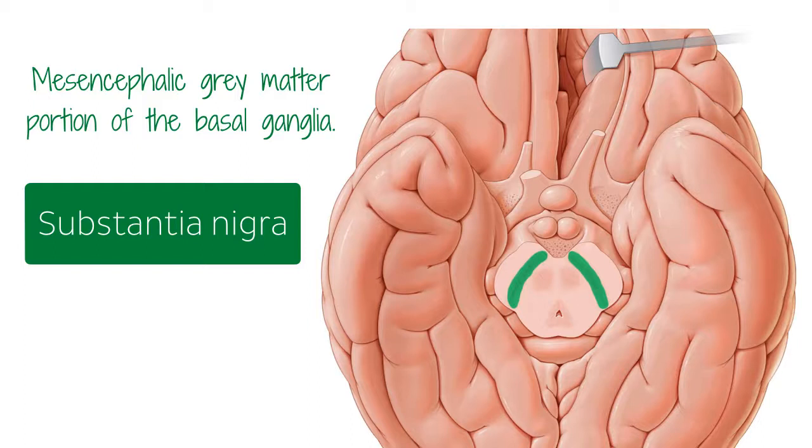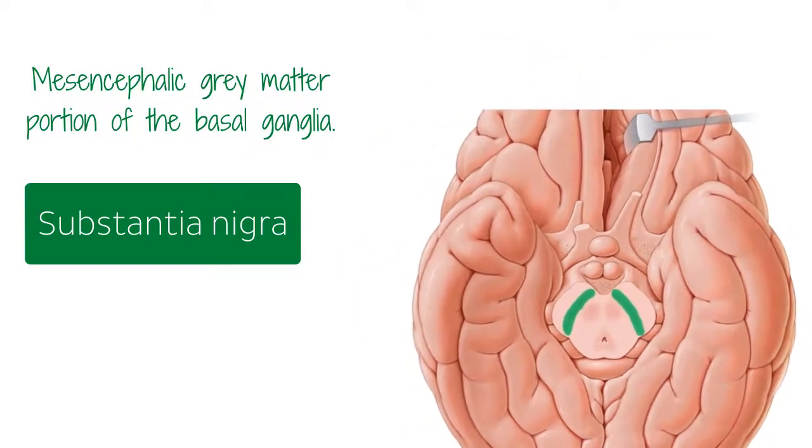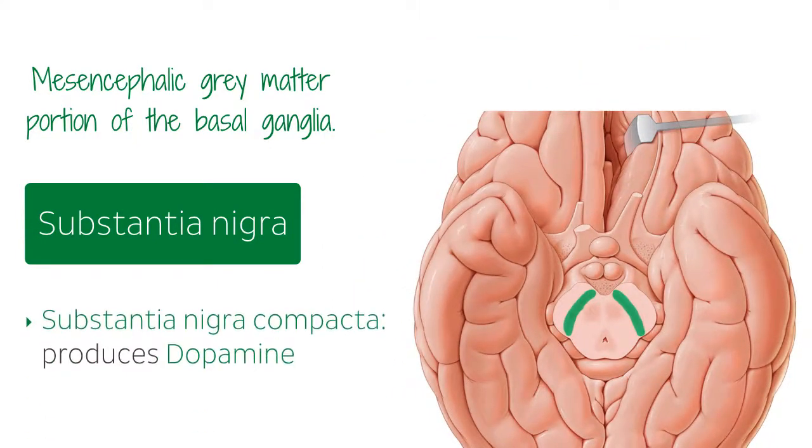It can be divided into two parts based on the arrangement of the neurons, the substantia nigra compacta, which produces then the inhibitory transmitter dopamine, and whose neurons are arranged very close to one another. There is also the substantia nigra reticulata, whose neurons are arranged further apart from one another. Now, one quick clinical note: in Parkinson's disease, the cells of the substantia nigra that produce dopamine are damaged, and that causes most of the motor symptoms of this disease.